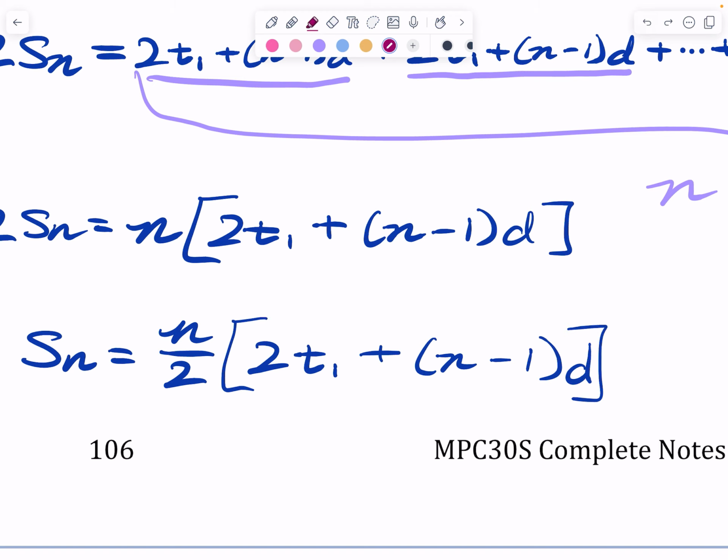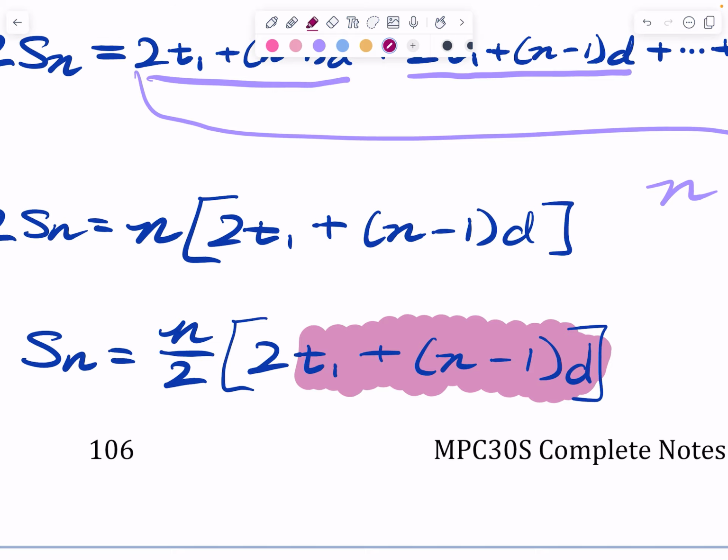But with this formula, as long as we have n, t1, and d, we can find the sum of the first n terms. We can find that related series. There is another formula that exists, and it's developed straight up based on this one we currently have. It's using the idea that part of this looks kind of familiar.